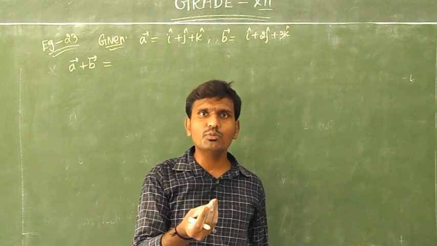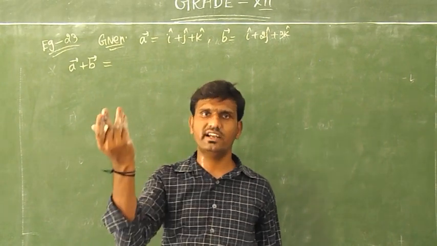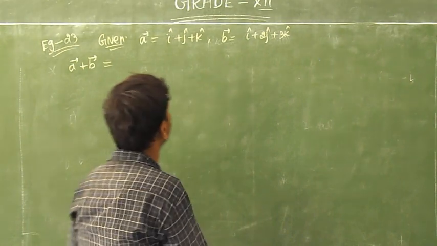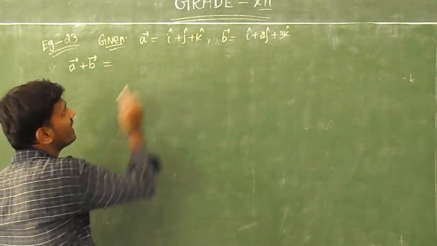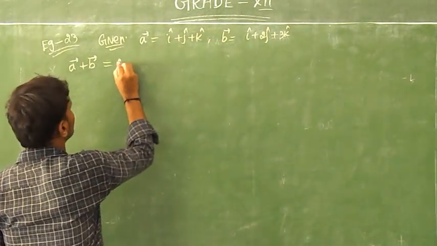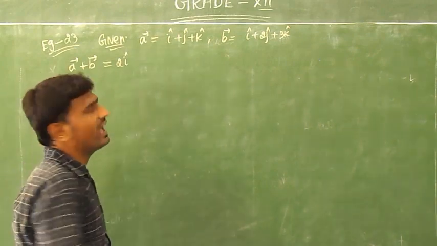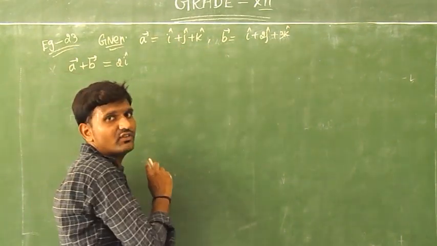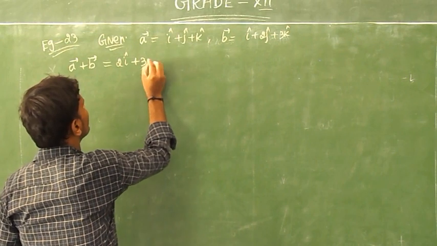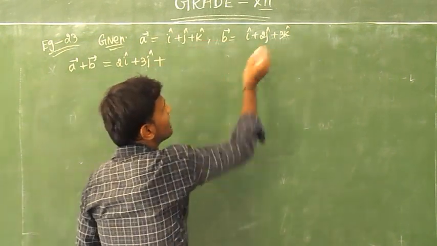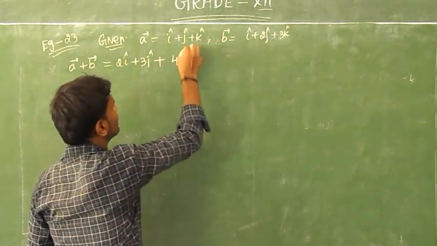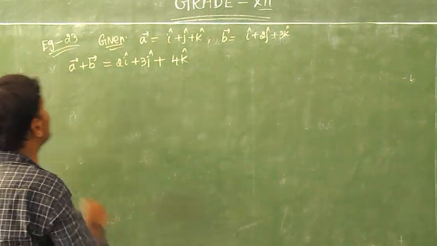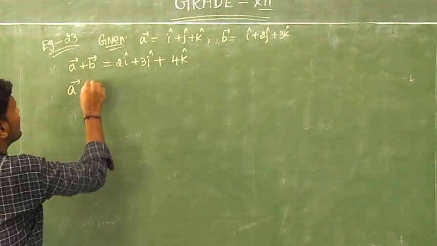If you need one more step, write the numbers in a simple step. i vector plus i vector is 2i vector. j vector plus 2j vector will come to 3j vector. Then k vector plus 3k vector is 4k vector. So this is your a vector plus b vector.